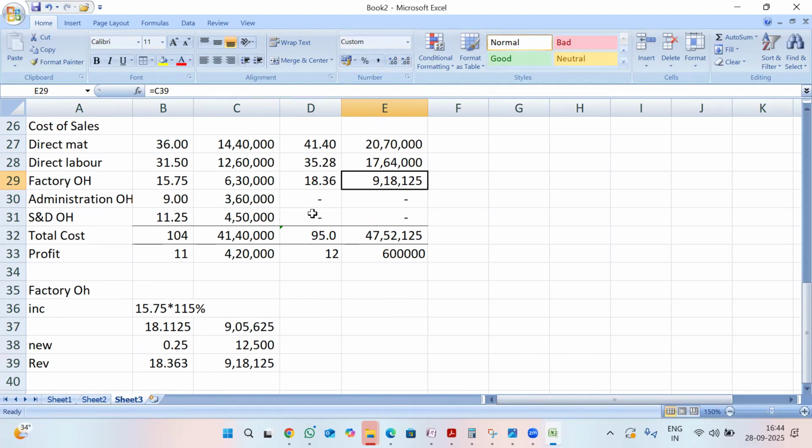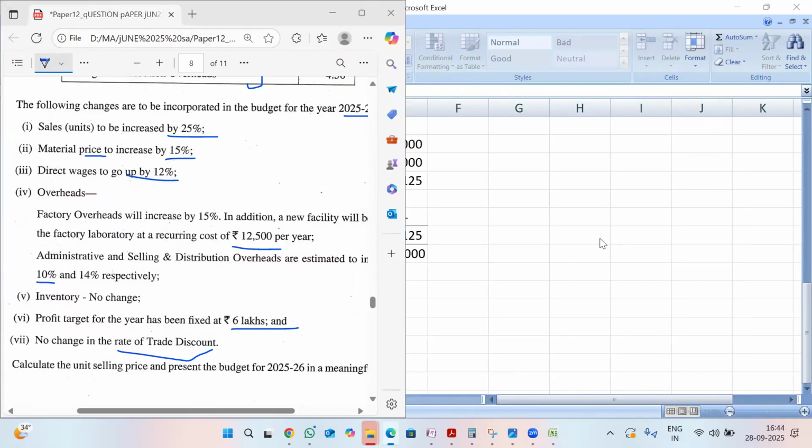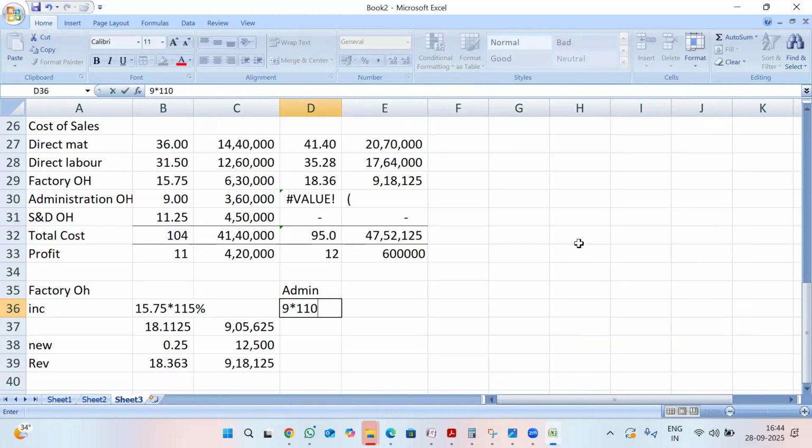Then administrative overhead. Administrative overhead is also the same kind. How much is it existing? 9. So 9 into how much percentage is it going to increase? 10 percentage, right? So 9 into 110 percentage, 9.9 into 50,000.